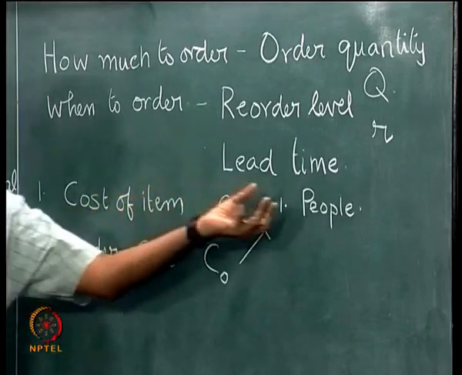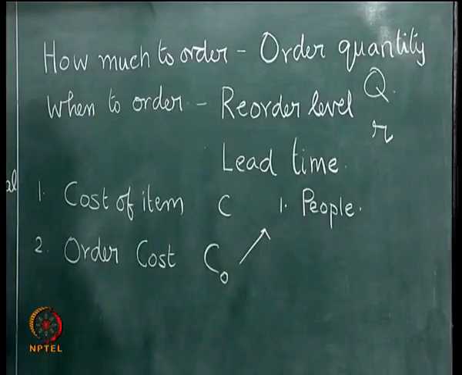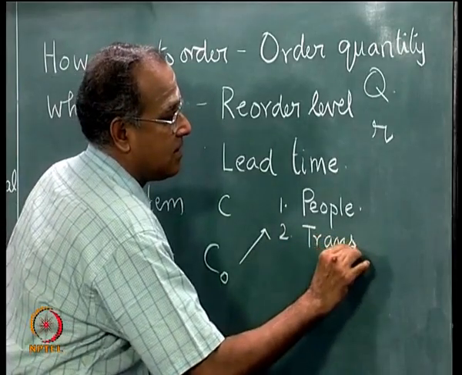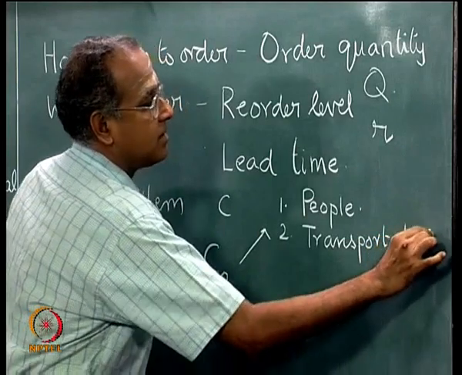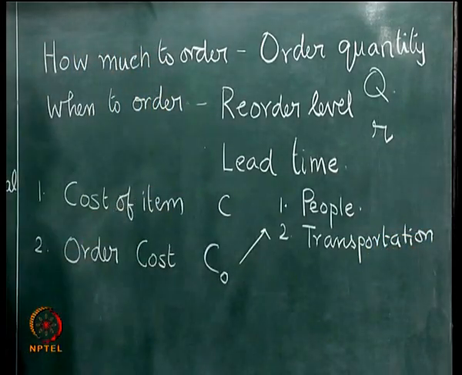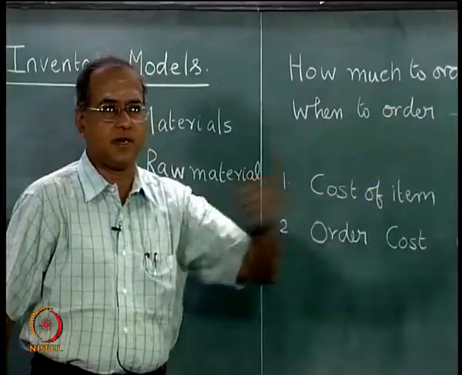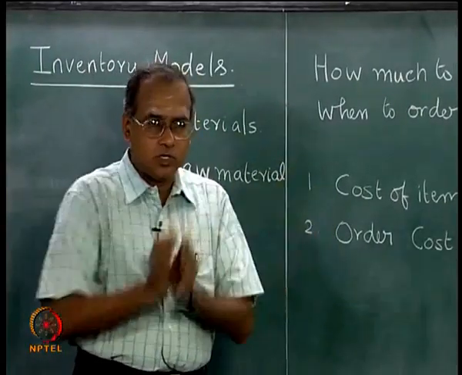So, there is a part of the order cost that goes into meeting the salaries of the people who are involved. Second, there is a transportation cost for the items to come from the supplier to the organization which has ordered, which is included in the cost of ordering. We can assume that there is a one-time transportation cost for bringing the items from the supplier point to the organization.